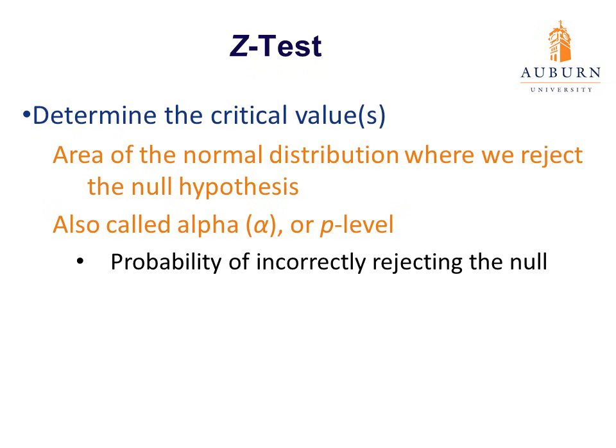P stands for probability. It's the probability of incorrectly rejecting the null hypothesis. What we mean by incorrectly rejecting the null is that, remember, the normal distribution extends to infinity, so all values are possible. What we're looking for are those values that are unlikely to occur, with a low probability of occurring.